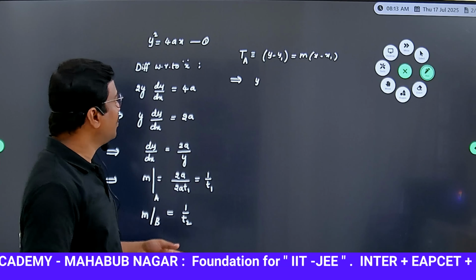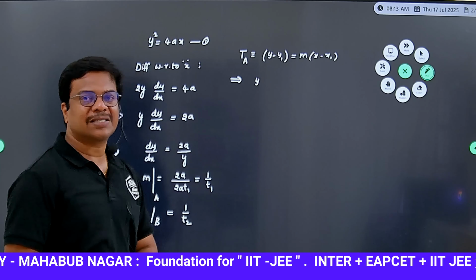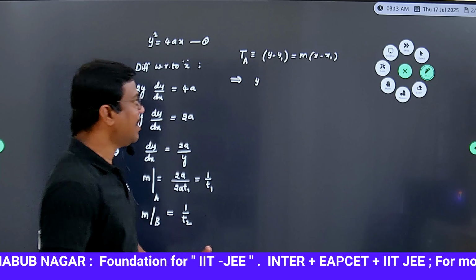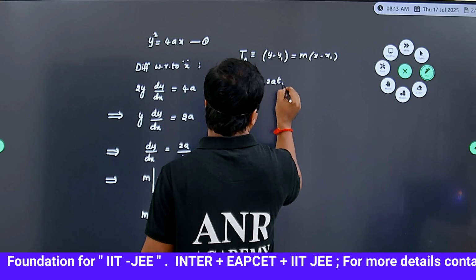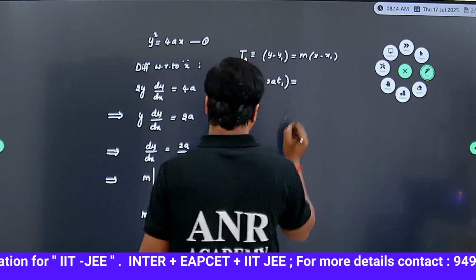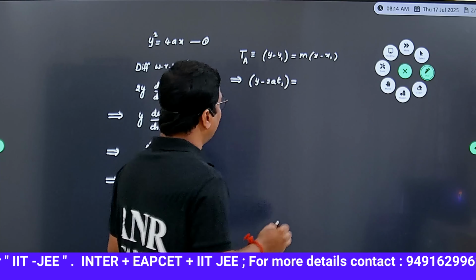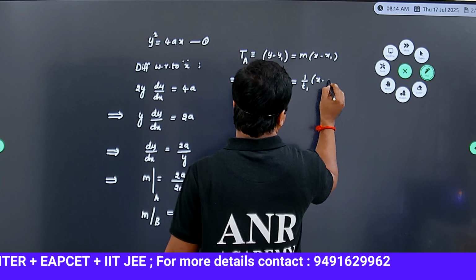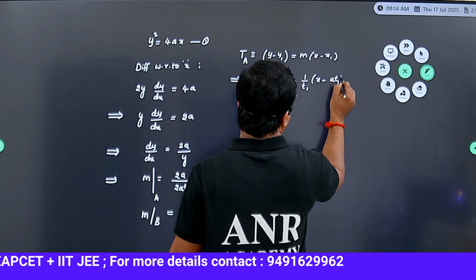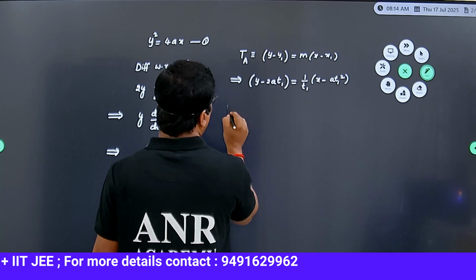We know that point A has coordinates at1 square comma 2at1. So y1 here is 2at1 and slope m is 1 by t1. Next x1 is at1 square.